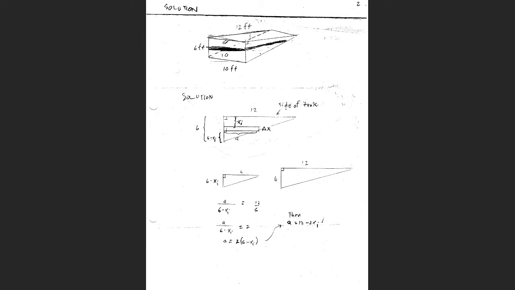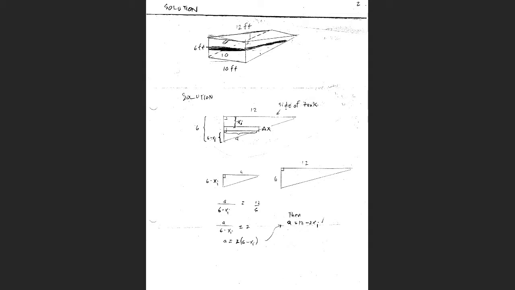So here's the tank. And what I want to do is find the volume of the ith layer of water. You notice in the picture, I've delineated in black there a layer of water.